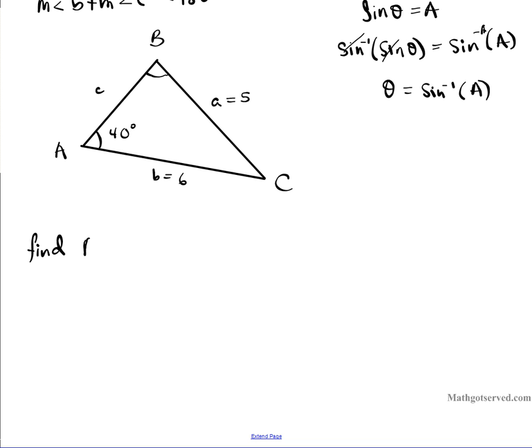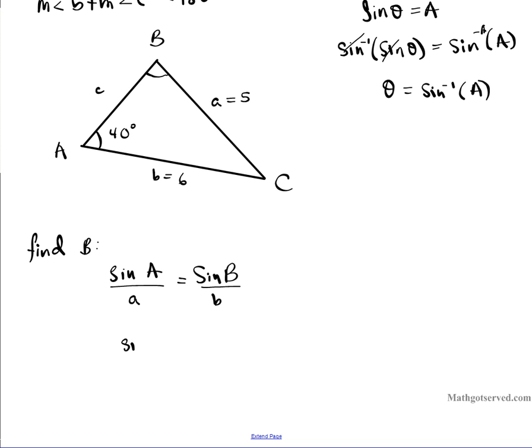So to find angle B, I like to start with what I'm looking for. Let's say sine A over little a is equal to sine B over little b. This is the law of sines. And I'm going to plug in the values I know.